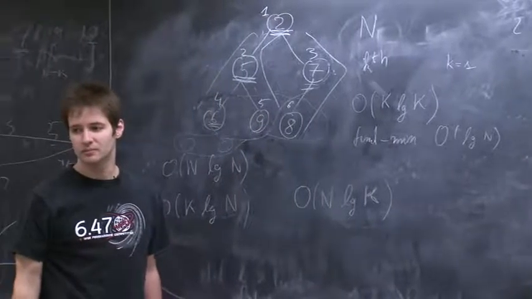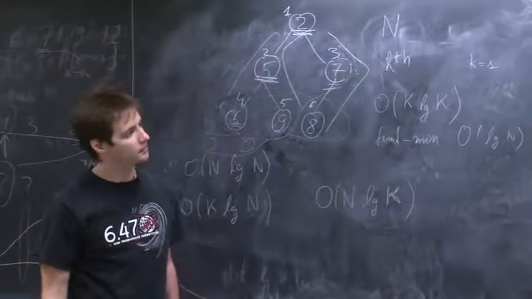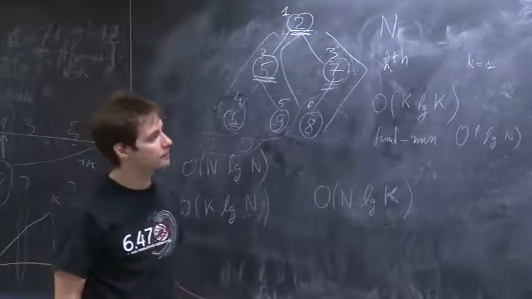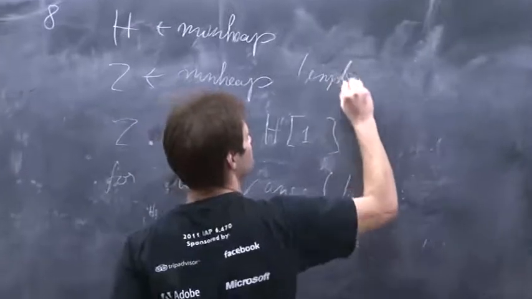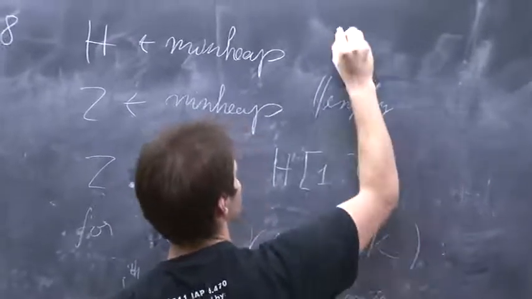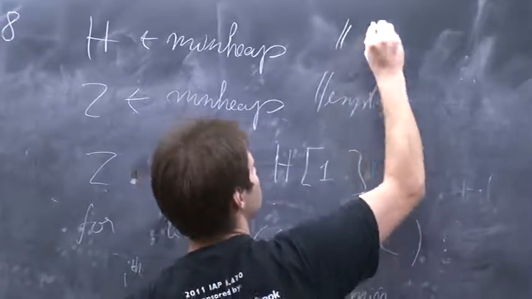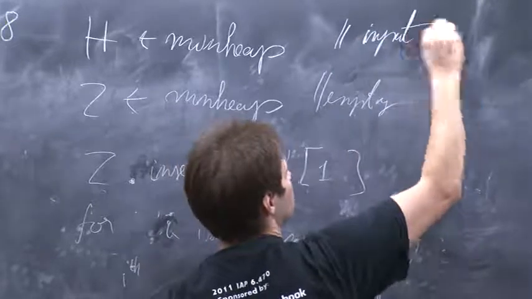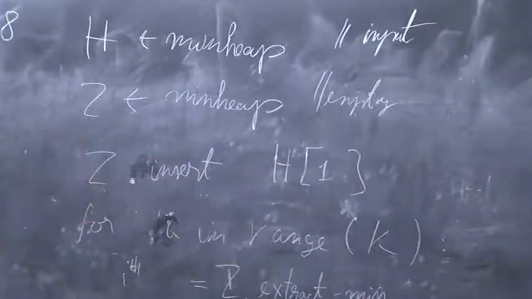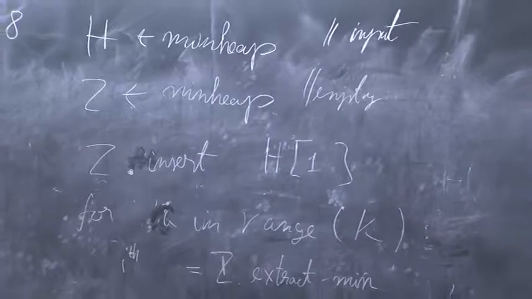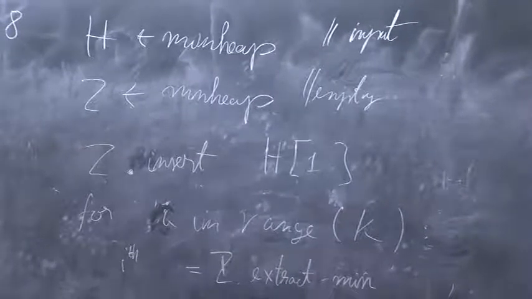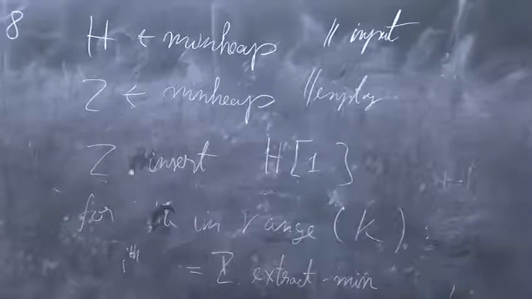Was the empty heap first and then we inserted H1? Yeah. This is empty, and this is the input. Okay, so I need to use the numbers as the keys. So when I extract the first element, it's going to say 2. It's not going to say 1.